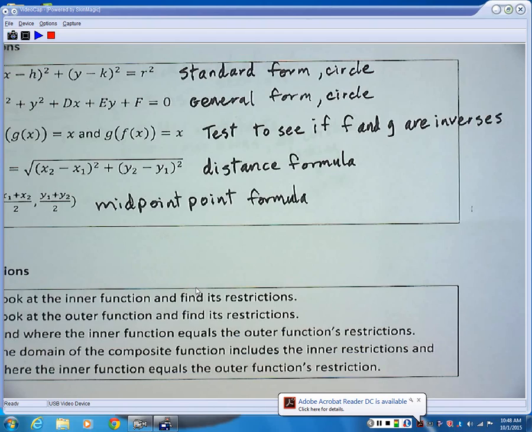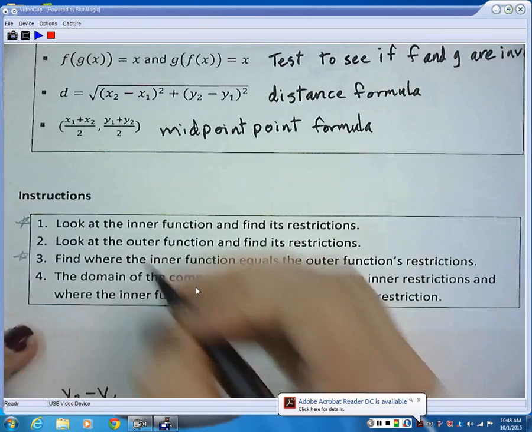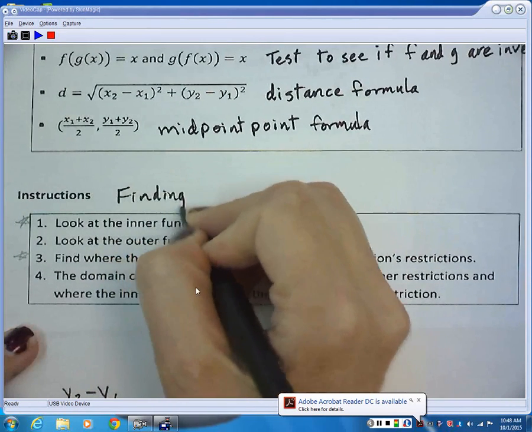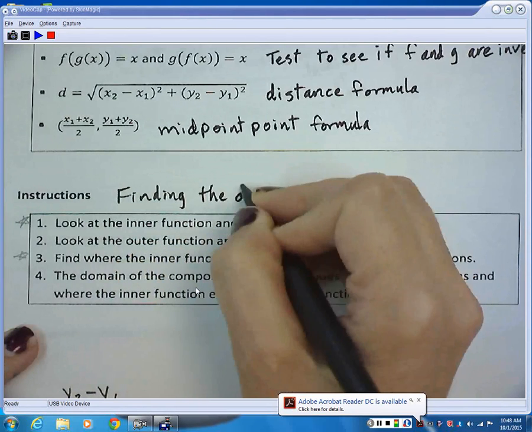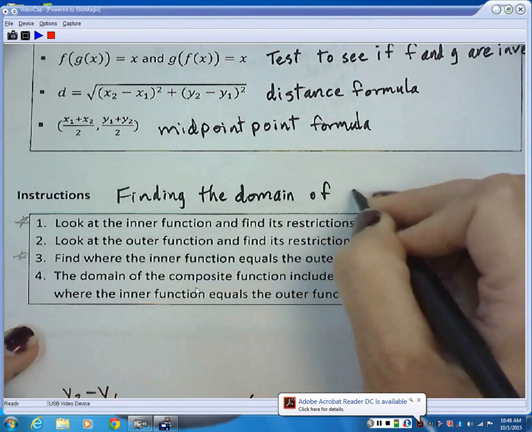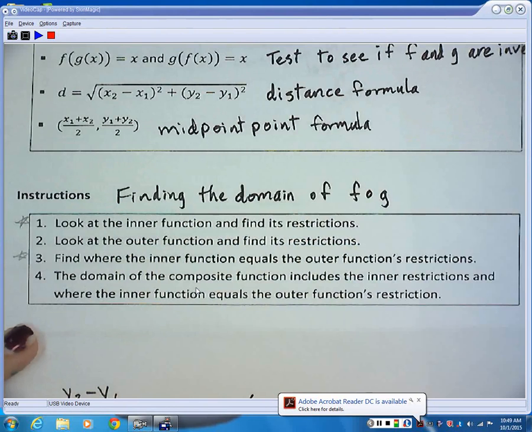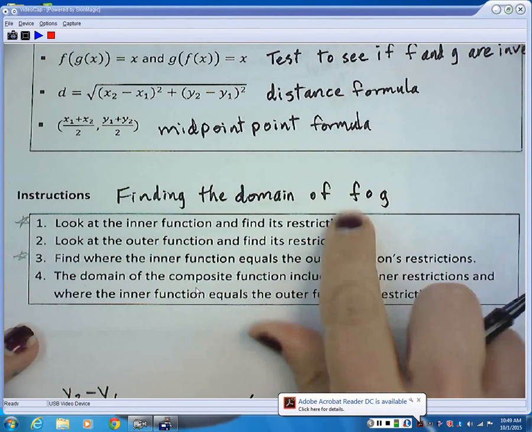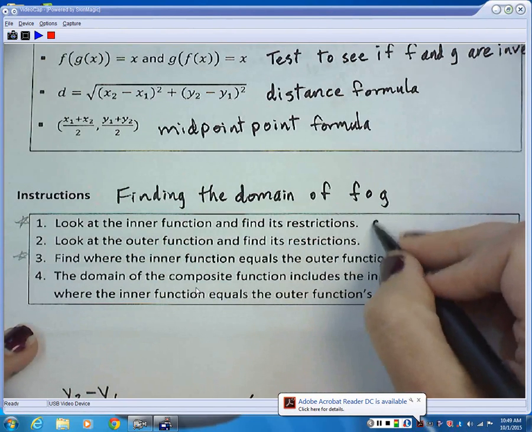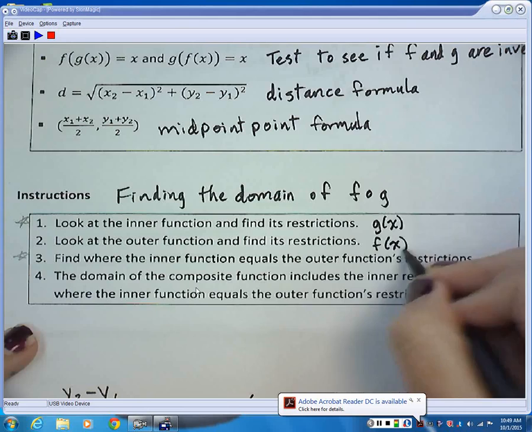Okay. And then these are the instructions for finding the domain of the composite function f(g). If it's f composite g, then the inner function is g of x. The outer function is f of x.